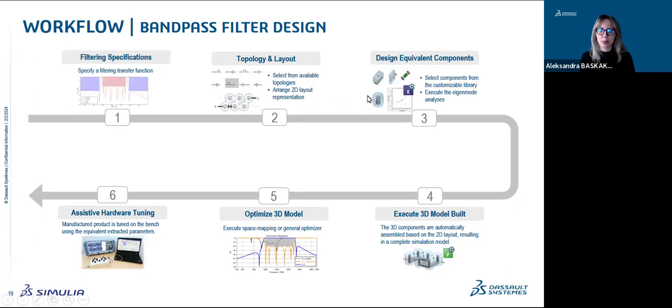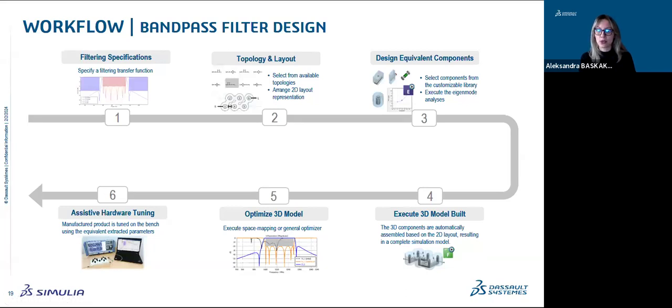Now you can select components from the customizable library for coupling, resonators, and ports, and execute the eigenmode analysis. Then these 3D components are automatically assembled based on the 2D layout, resulting in a complete simulation model.